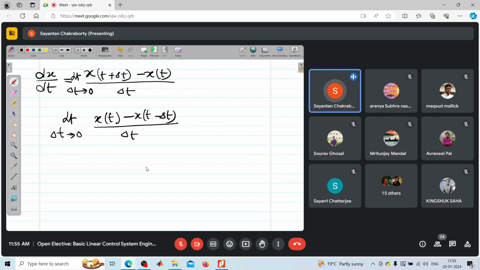See here, the output, or this value at t, the slope dx, is a function of the future, right? So it's a non-causal operation. Future and obviously the present input. Agreed? But this one is causal. This is present and this is past, right?